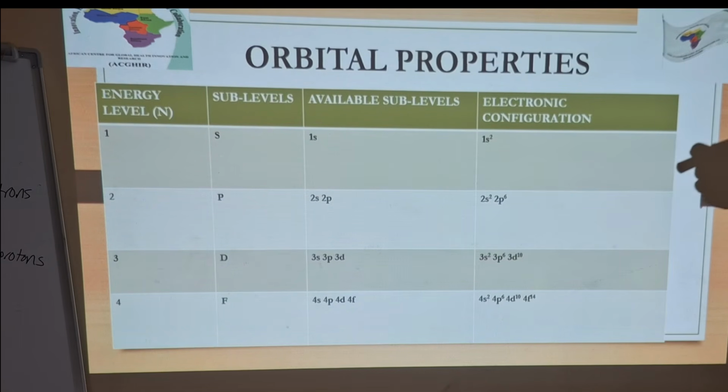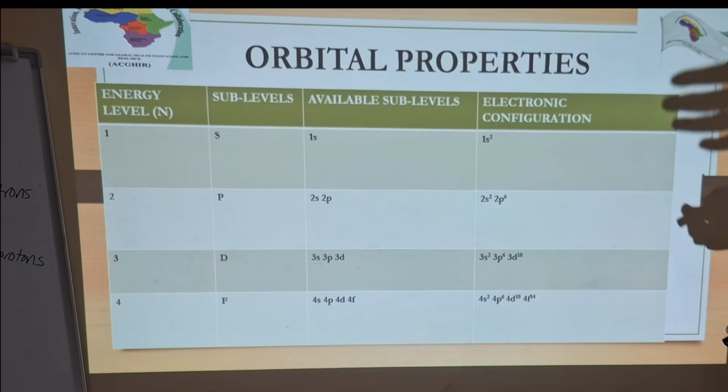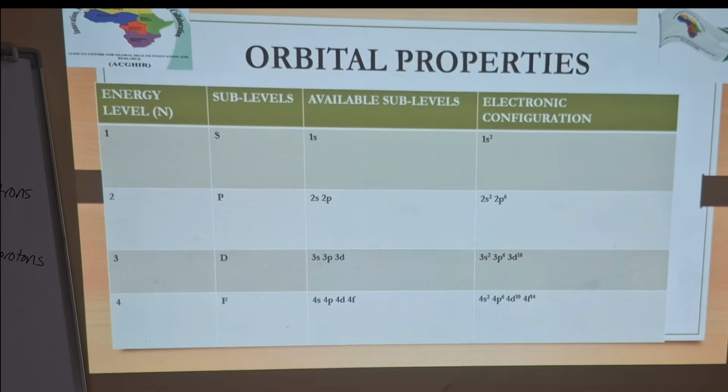The energy level 4 has sublevel F. The available sublevels in the 4th energy level are 4s, 4p, 4d, and 4f. Bearing in mind that the maximum number of electrons in s is 2, p is 6, d is 10, f is 14, it simply means that for the 4th energy level, we have 4s2, 4p6, 4d10, and 4f14.